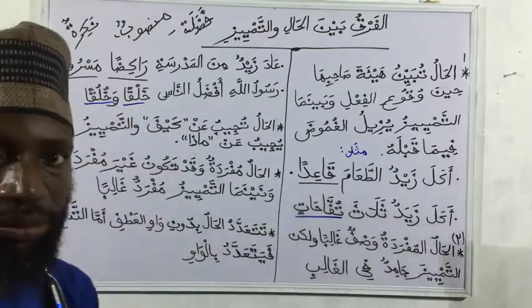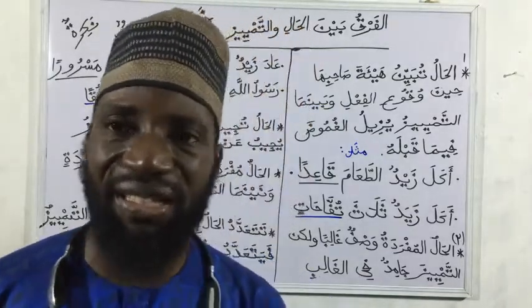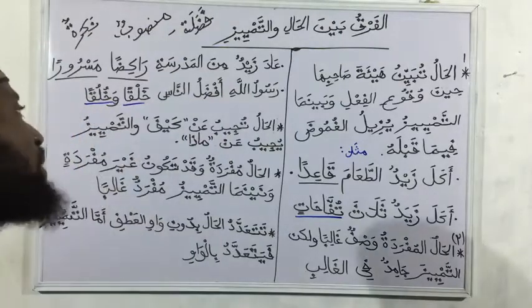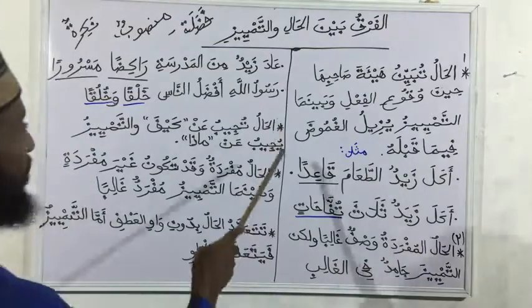Khuluq, behavior, is also a jamid word. It's not a derivative, it's a jamid. Do you understand? Now that's on that. So let's look at another point again.